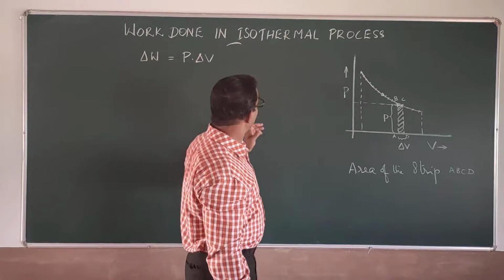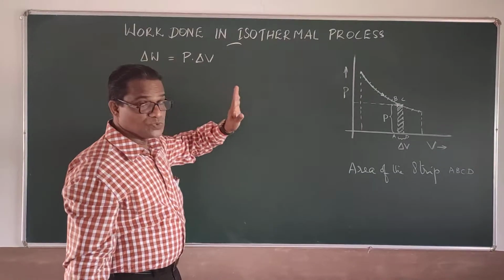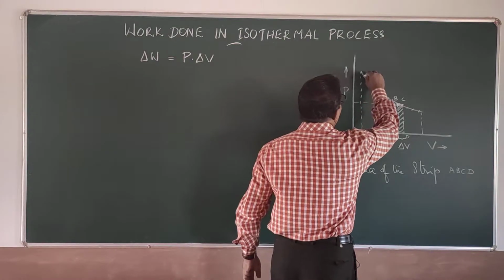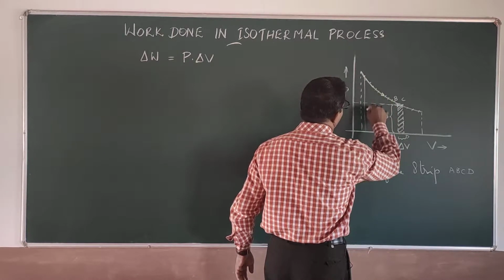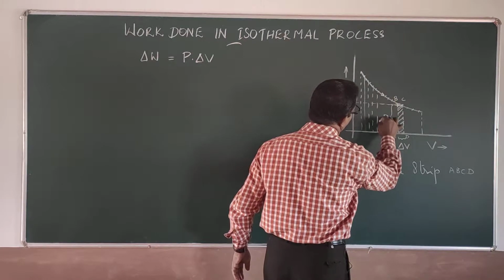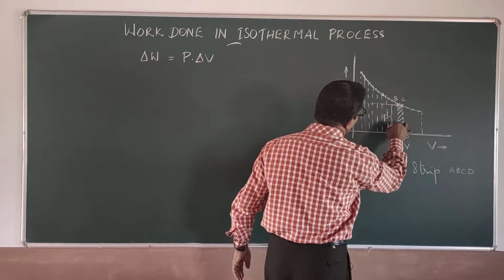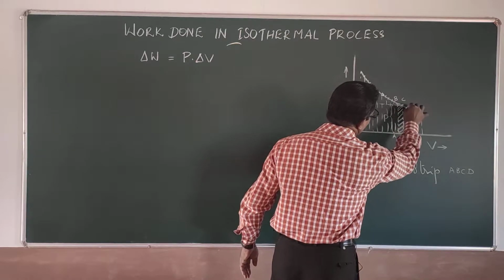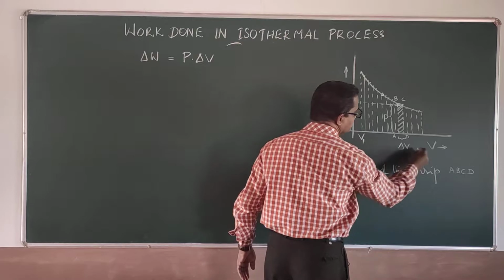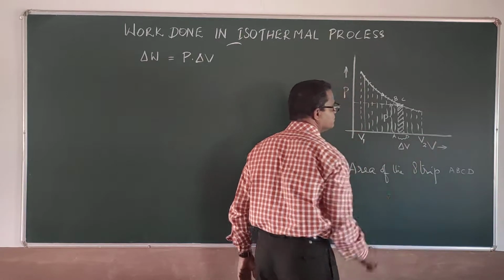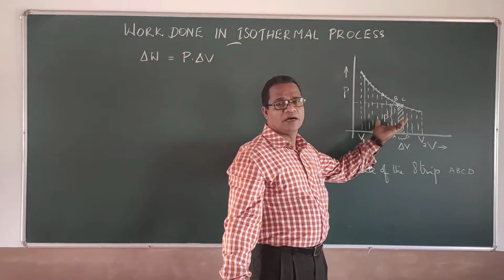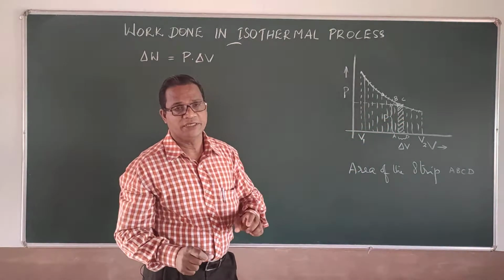I will get small work done delta W's continuously, and in each case it is the area of the small strip, as I move from volume V1 to volume V2.